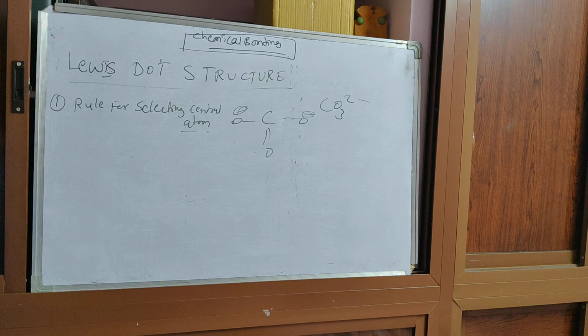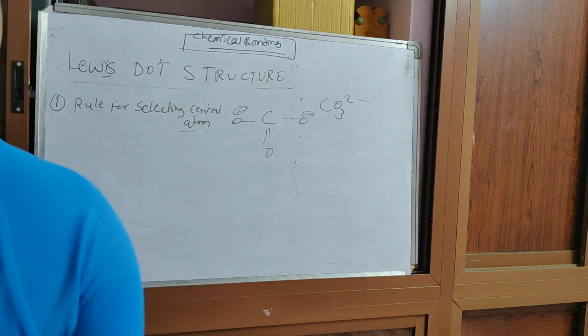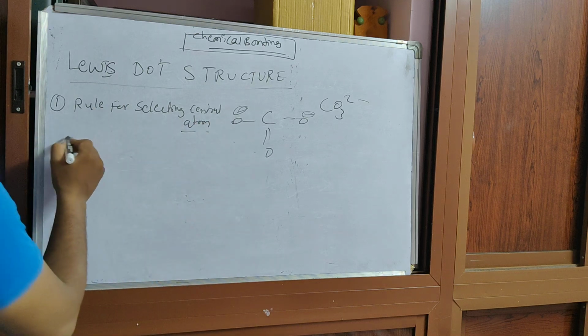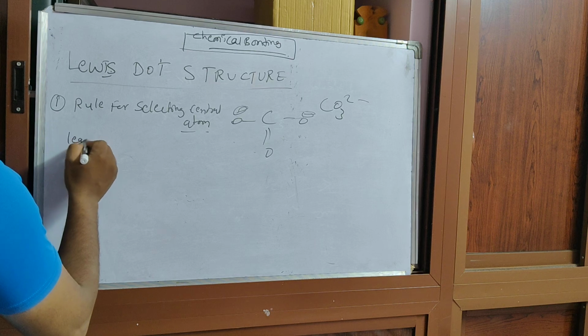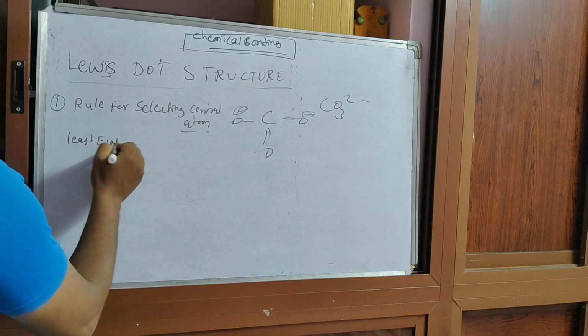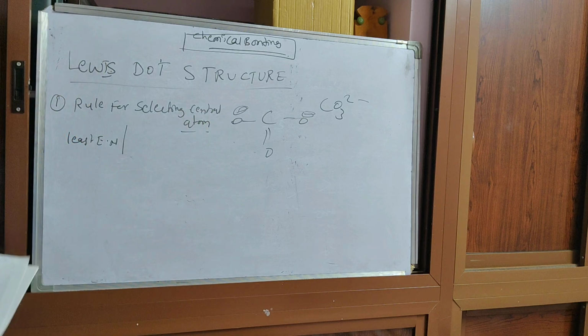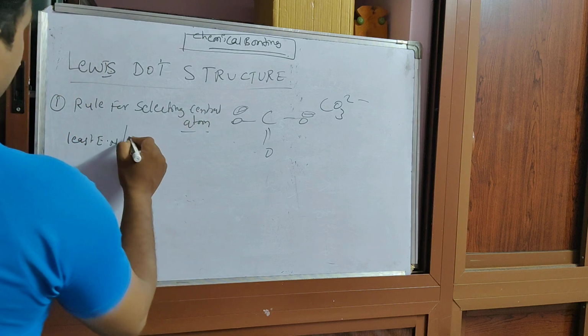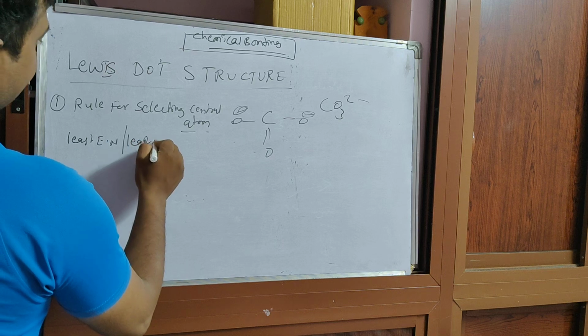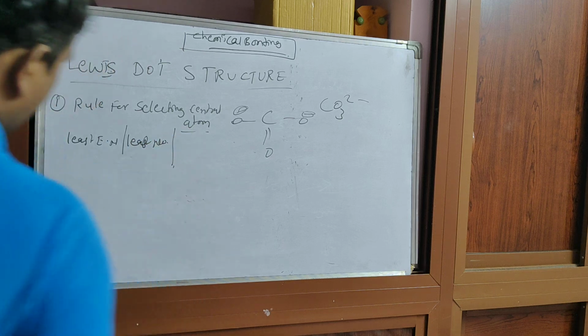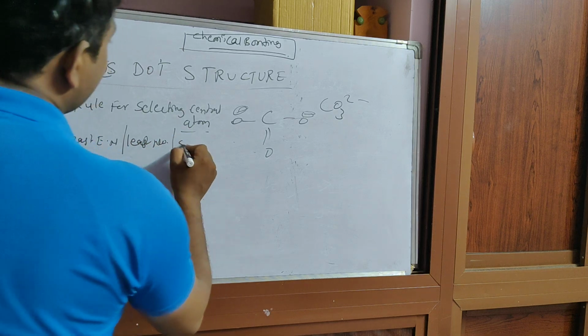First of all, how do we select the central atom? In the case of the central atom, first, the least electronegative atom. Next, the number of atoms is least. Third, the size is largest.